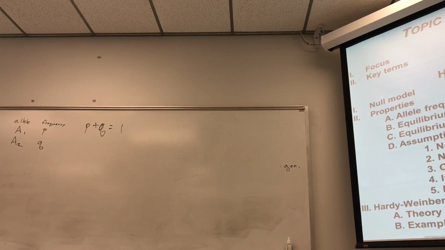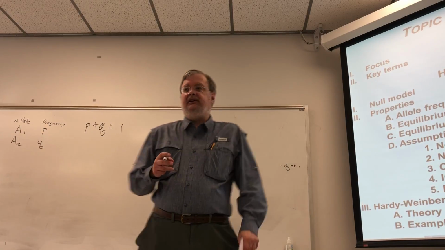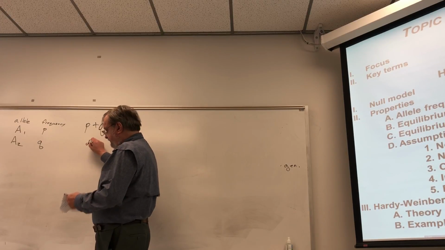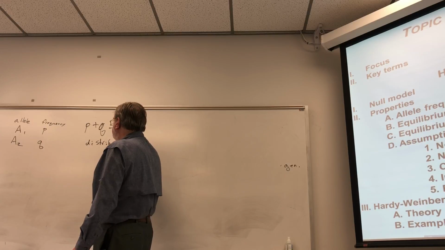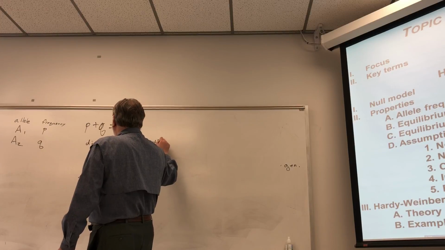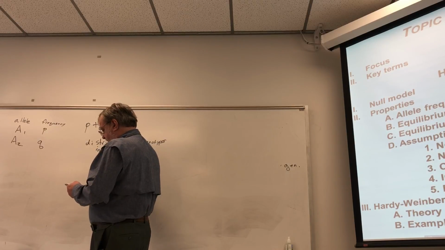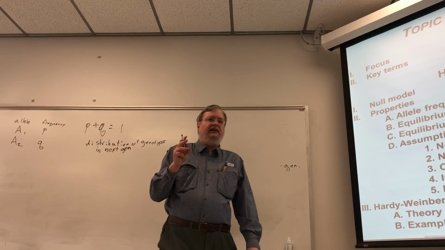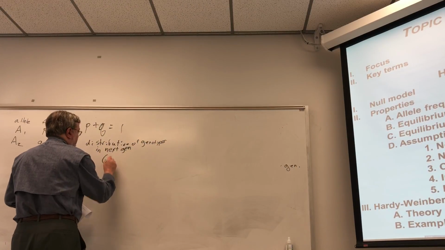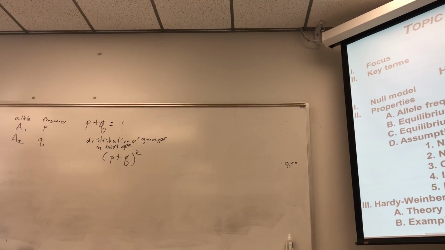All right, your textbook shows in detail, and I'm just going to show you this without the detail, that you can show the distribution of genotypes in the next generation. We're assuming something whose genetics works like ours, a diploid species, so the distribution of genotypes in the next generation will be P plus Q, that quantity squared.